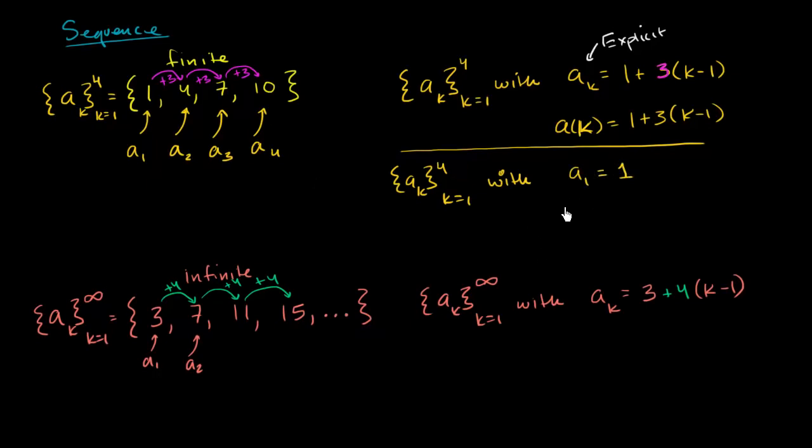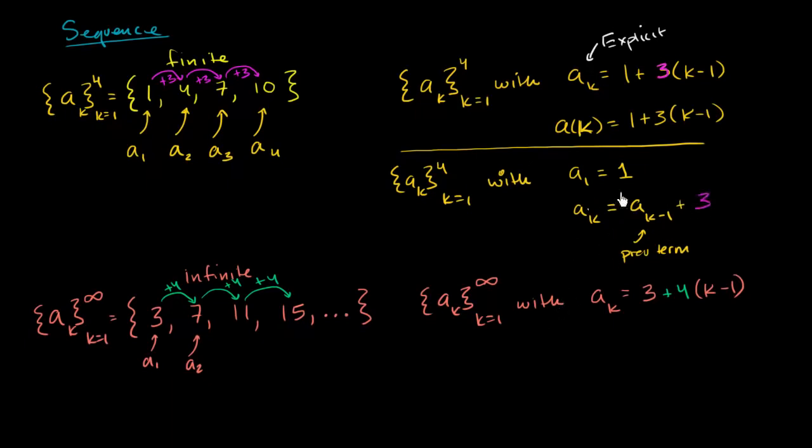And so then we could write a sub k is equal to the previous term, so this is a sub k minus 1. So a given term is equal to the previous term plus, in this case, we're adding 3 every time.